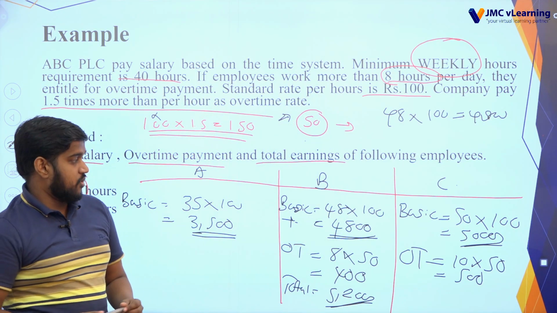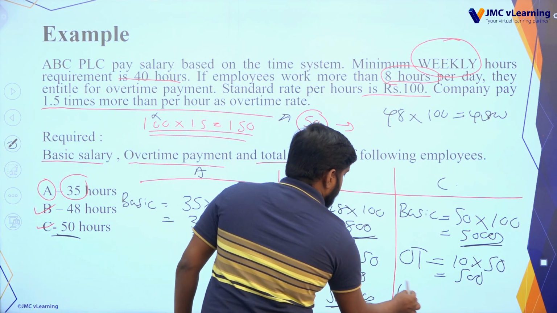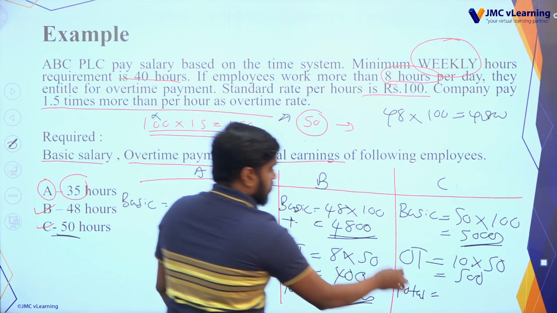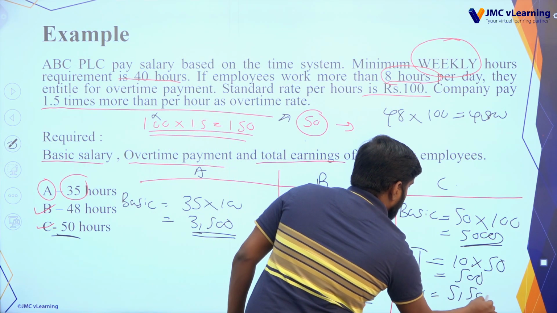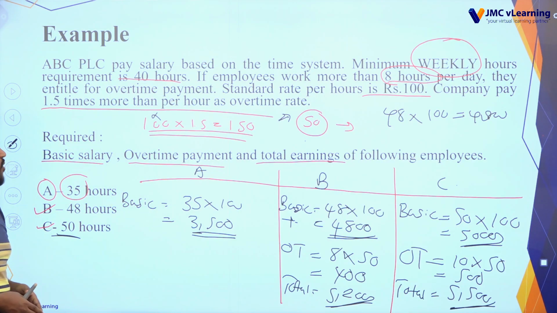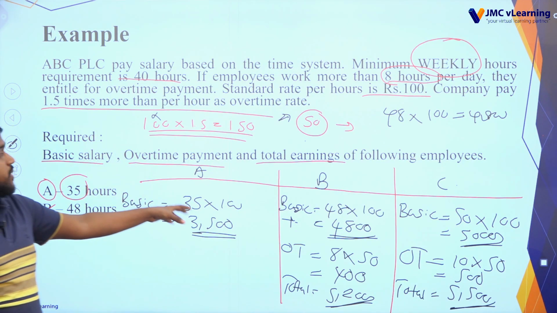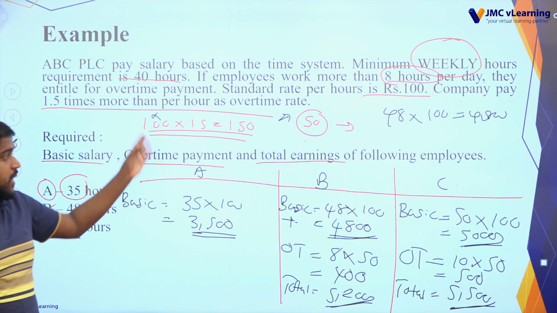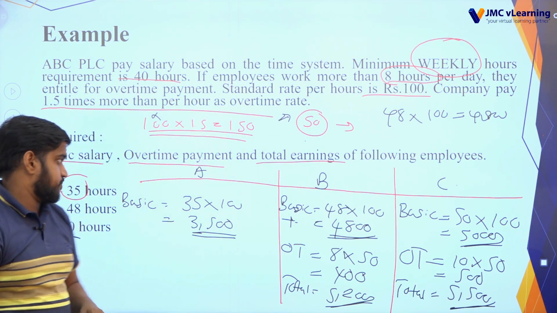Then we can get OT as 500. Then our total earning is how much? Total earning is the summation of basic salary and OT. We can get total earning as 5,500.